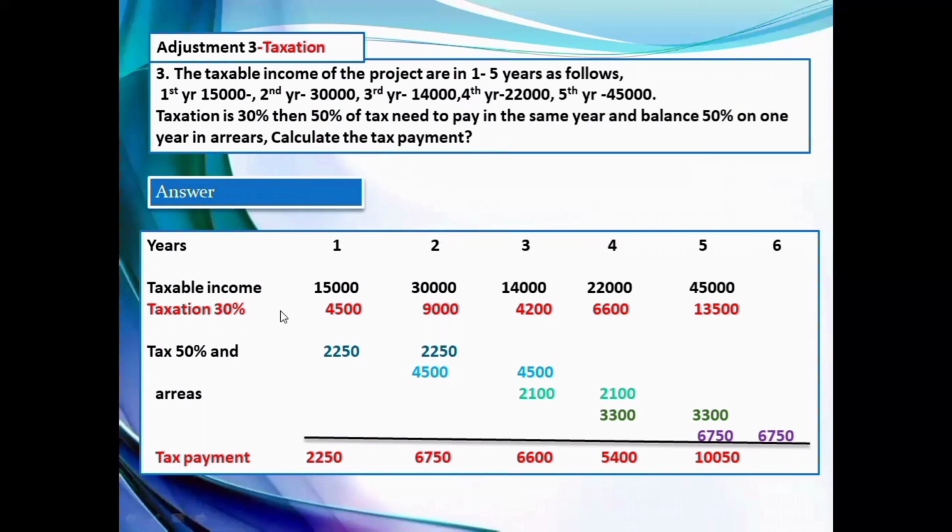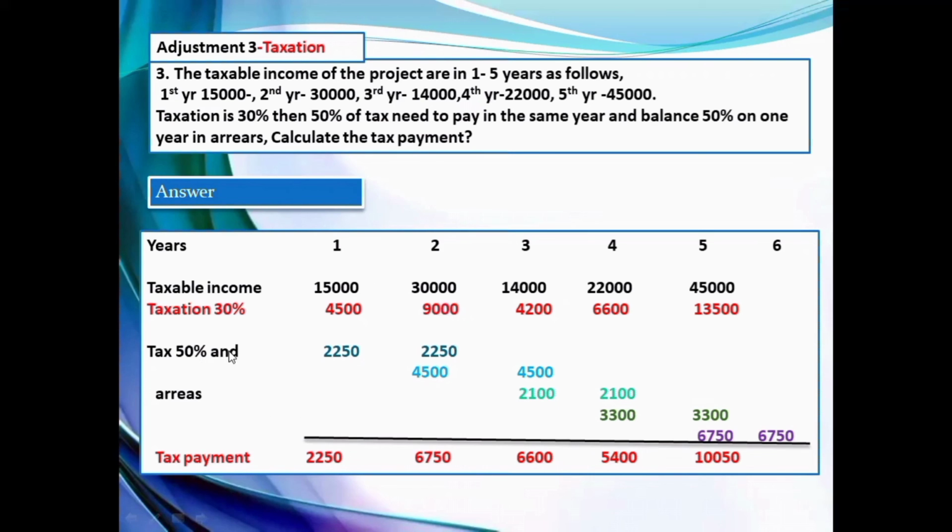The first year total taxation is 4,500. Half of this value is paid in this year. The arrears are paid in the second year. Likewise, we have to calculate the taxation. In the first year, the taxation is 4,500, half of which is 2,250. So 2,250 is paid in the same year, and 2,250 is paid in the second year as arrears.